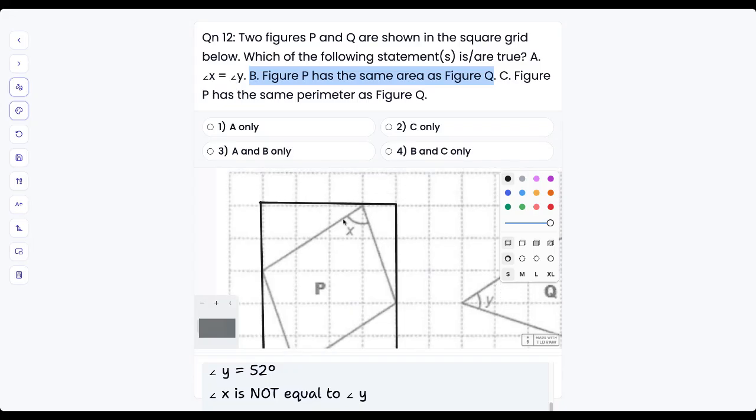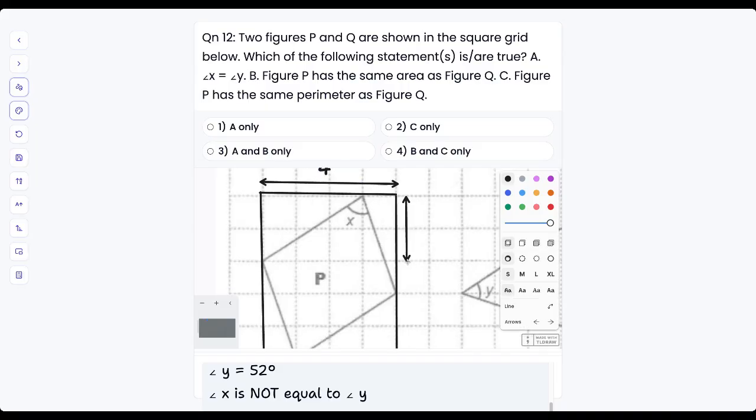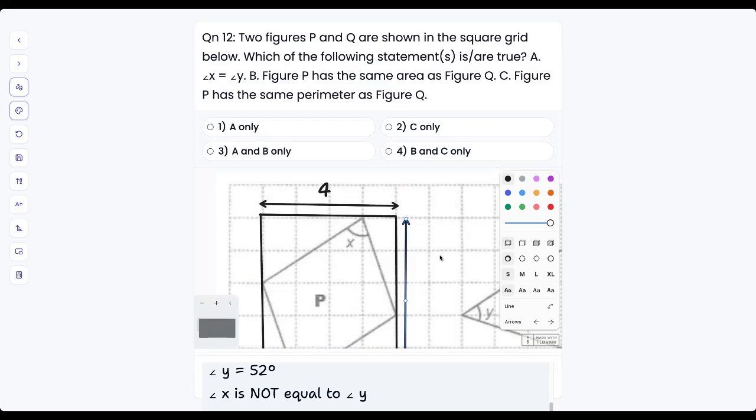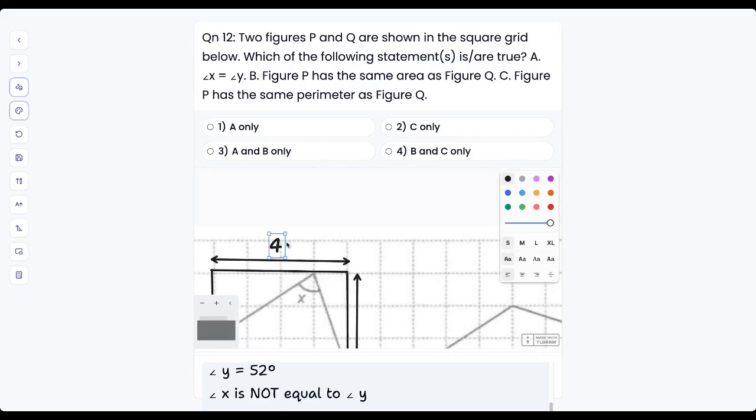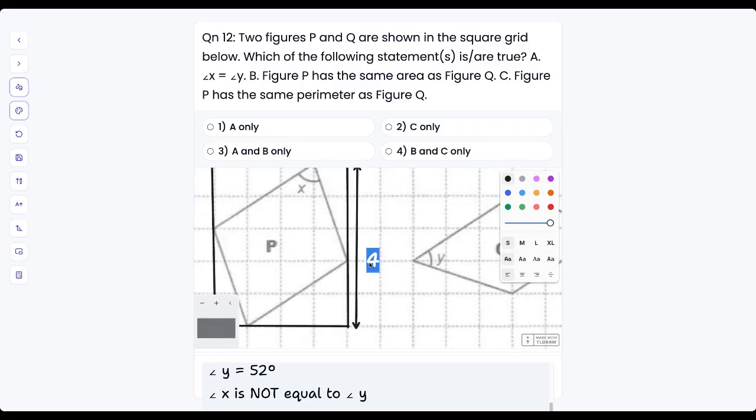Using arrows, this length is four squares, and this whole length, 1 2 3 4 5, is 5.